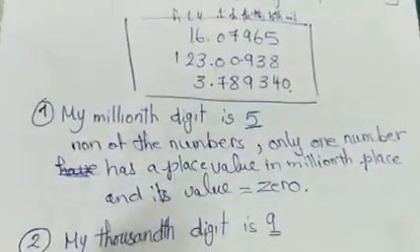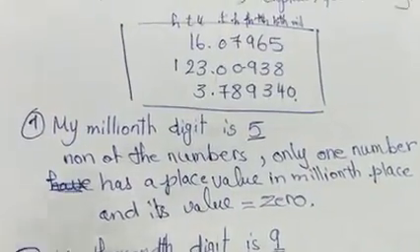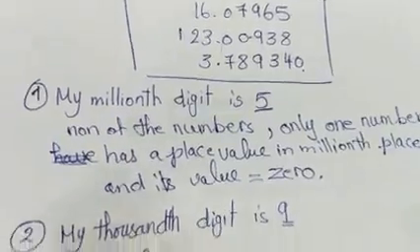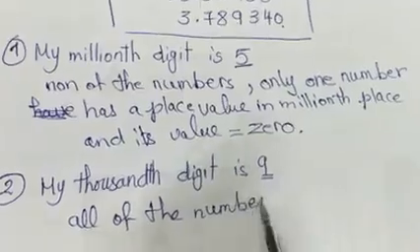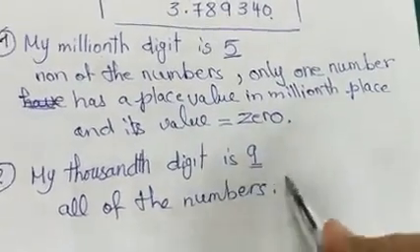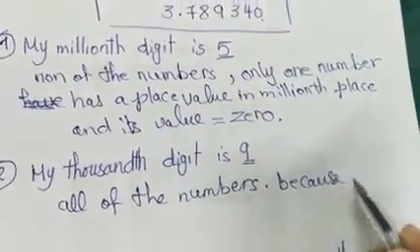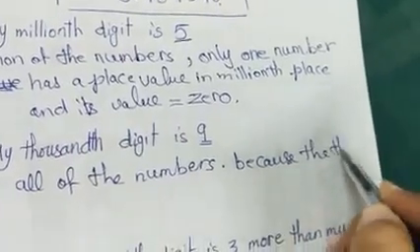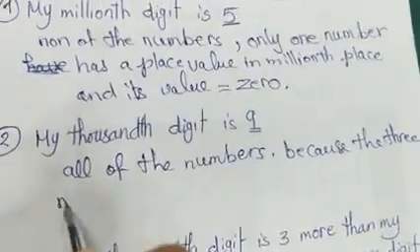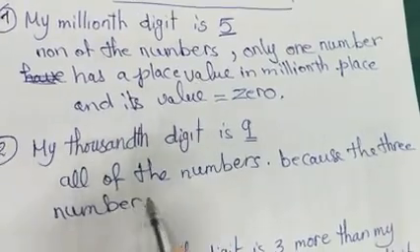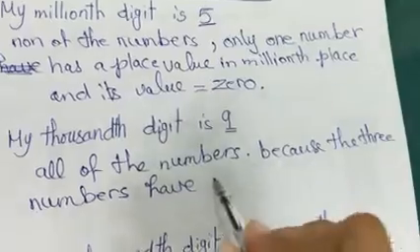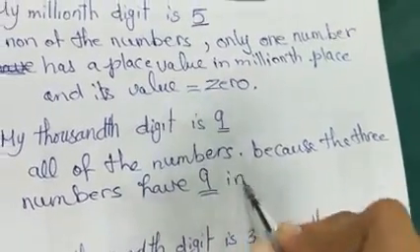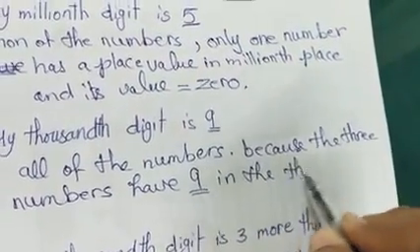So the statement is true for all of the numbers, because the 3 numbers have 9 in the thousands digit.